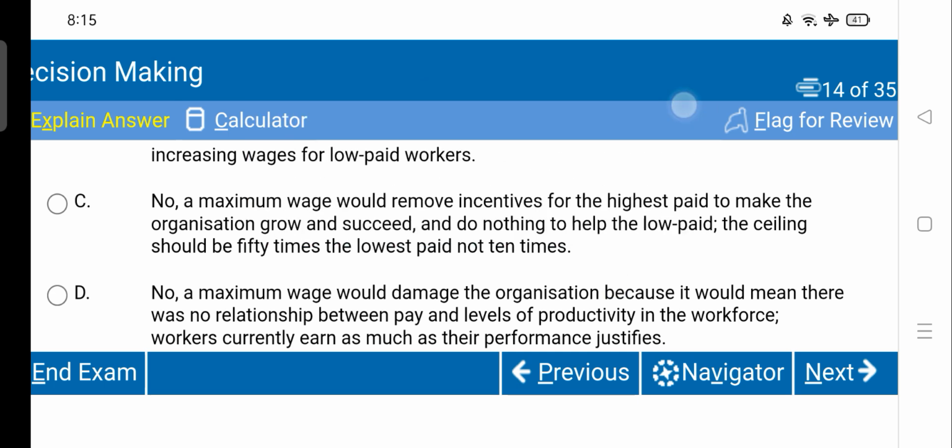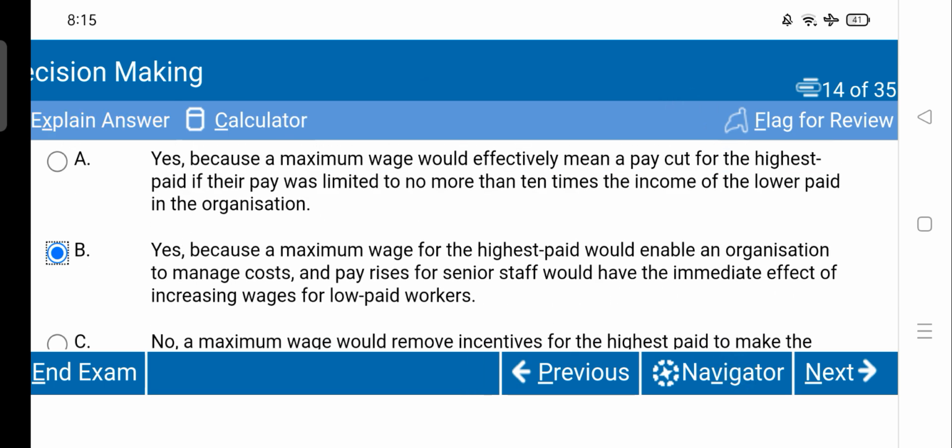So that's why option B is the correct option: yes, because a maximum wage for the highest paid would enable an organization to manage costs, and pay rises for senior staff would have the immediate effect of increasing wages for low paid workers.